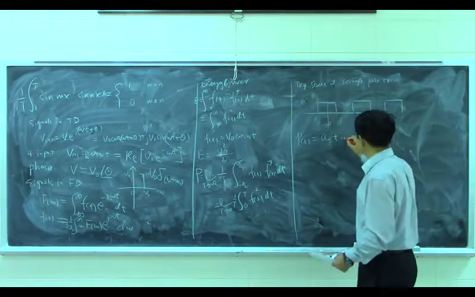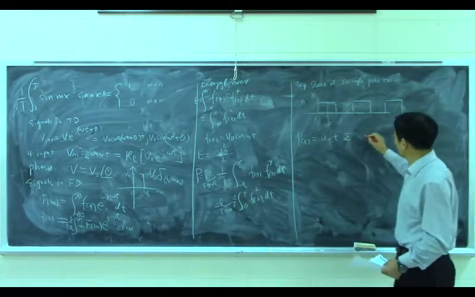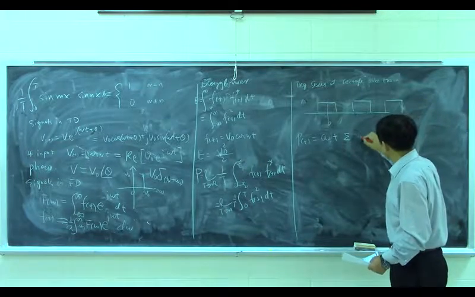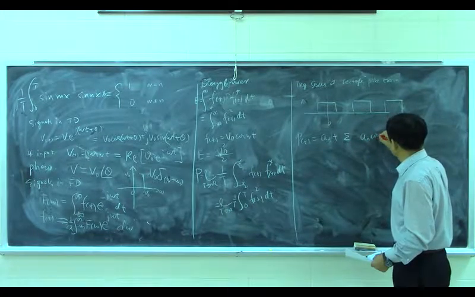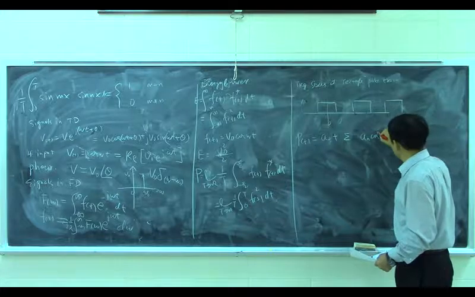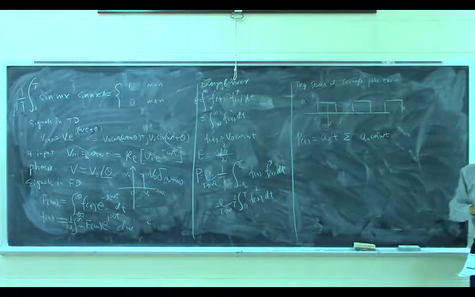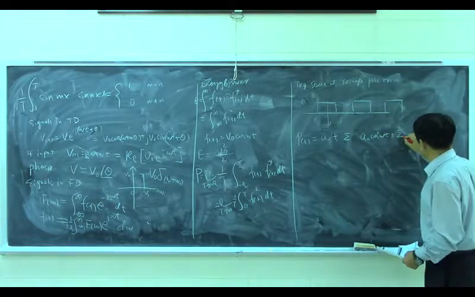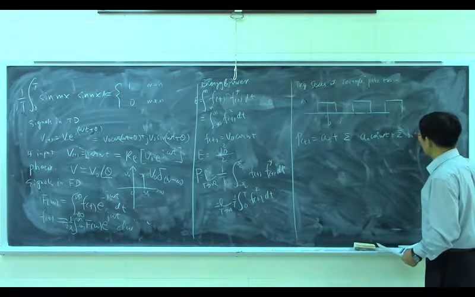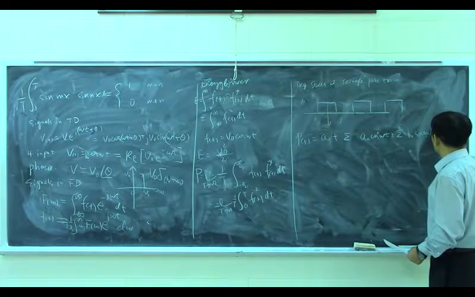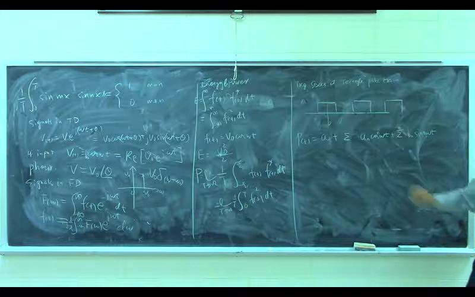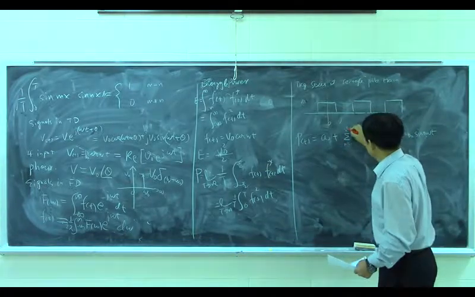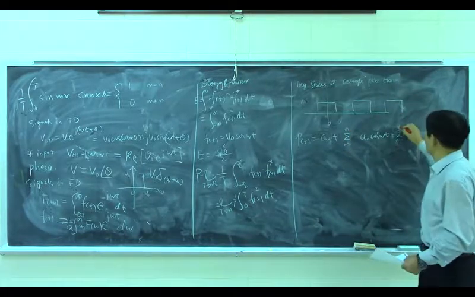Then we add the sum of all the cosine functions, cos(n omega t), then plus the sum of all the sine functions, where n equals 1 to infinity.